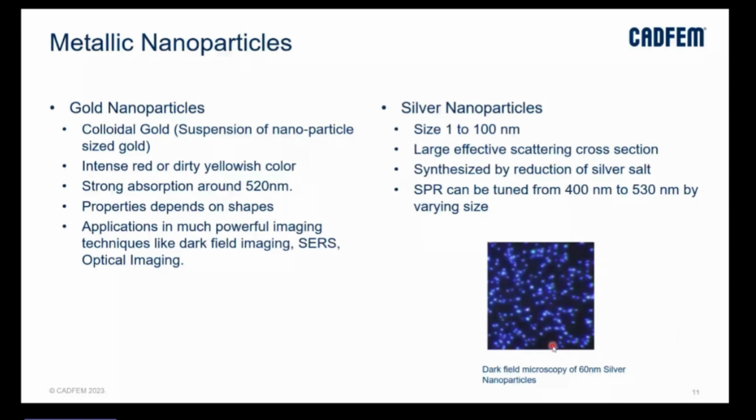It could be in the form of colloidal gold, which is basically suspended in solution. It has a strong absorption around 520 nanometers. We can simulate these things in our tool also, once we characterize a particular nanoparticle. These are the typical applications I was talking about earlier.